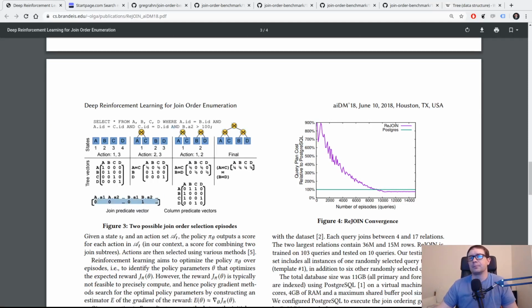And so you have this selection predicate vector, not the join predicate vector. This is the join predicate vector, but this is the selection predicate vector, and you have B.a2 equal to 1, and all the others are 0 because there is only one filter, one greater than, less than, or equal to, for a specific element of a given table.